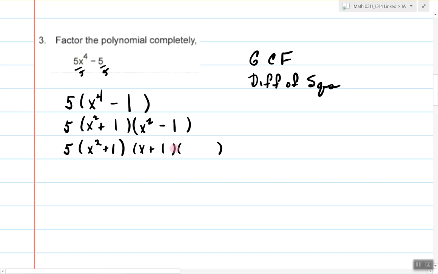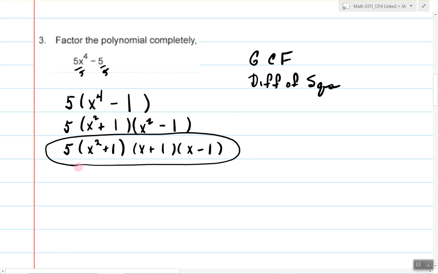X plus 1, x minus 1. I could not do that with this factor because it was a plus. You will need all of this as your factorization for number 3. So I did GCF, difference of squares, twice.